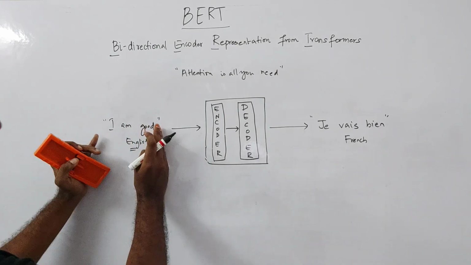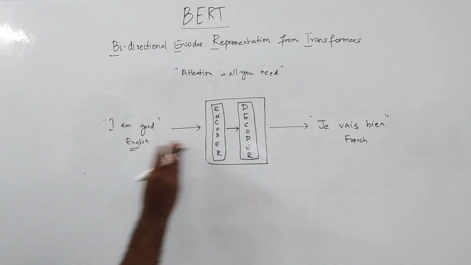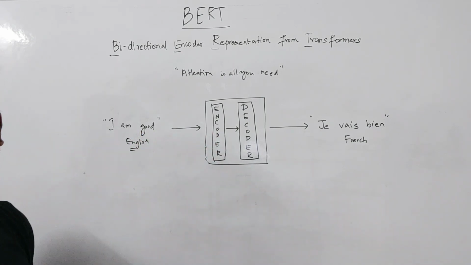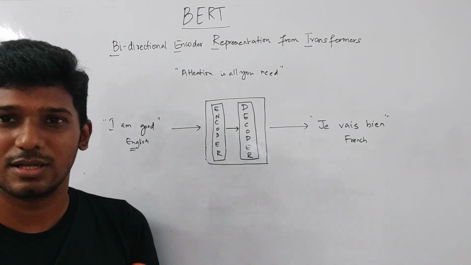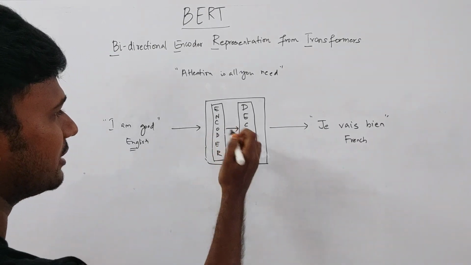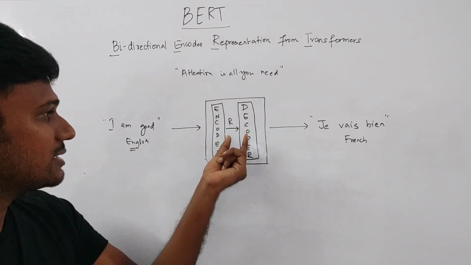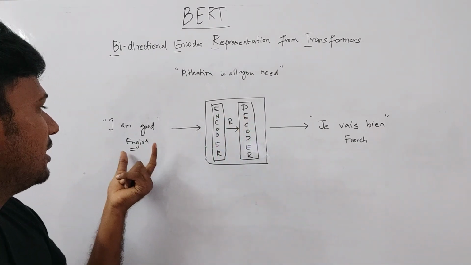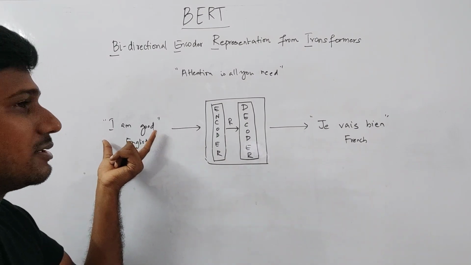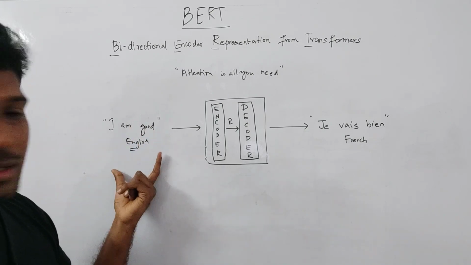After the encoder understands this input sentence, it creates a representation. A representation is nothing but a vector of numbers. Let me call it R. It captures the English sentence along with its construct, contextual and other meanings.